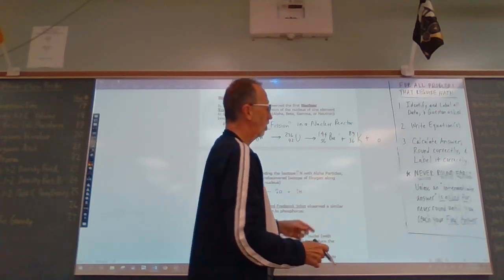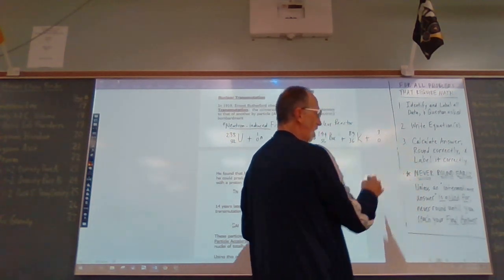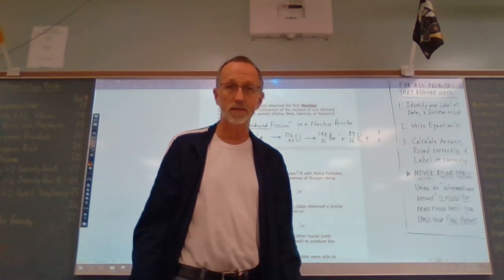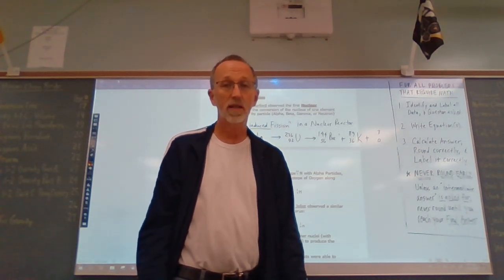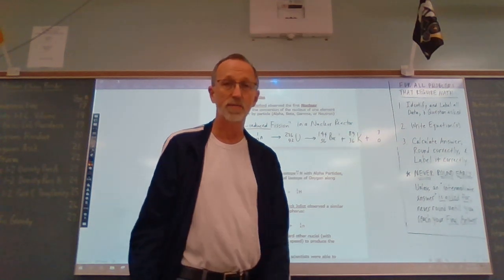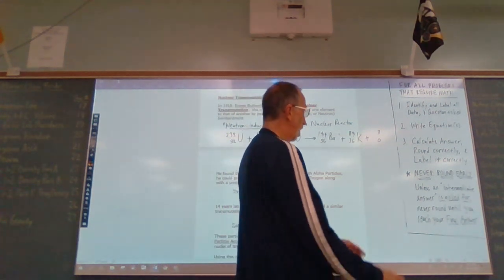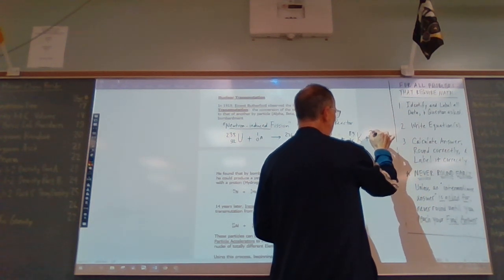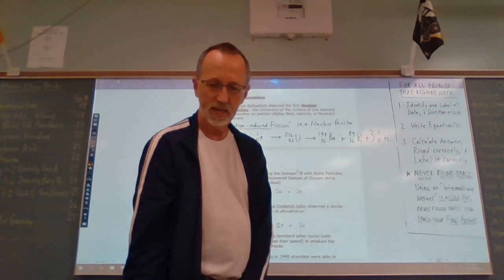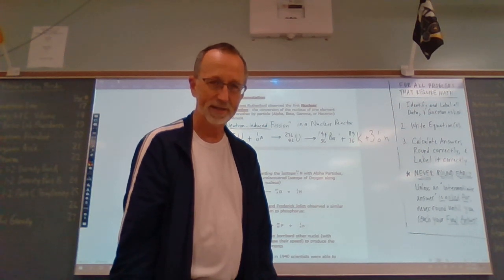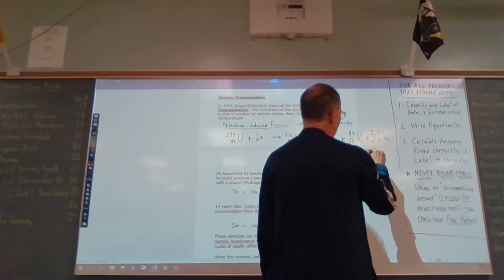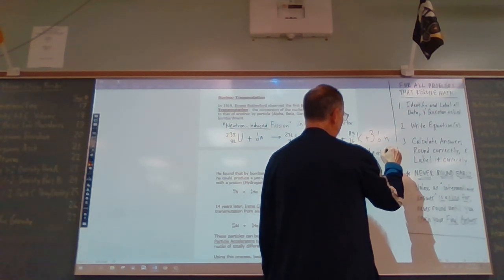We start with 236. That leaves us 3. We talked about this Friday. There is no such thing as 3-0, but what do we know that can get us those numbers? If you remember, a neutron is 1-0, and that would produce 3 neutrons, plus a lot of heat energy.